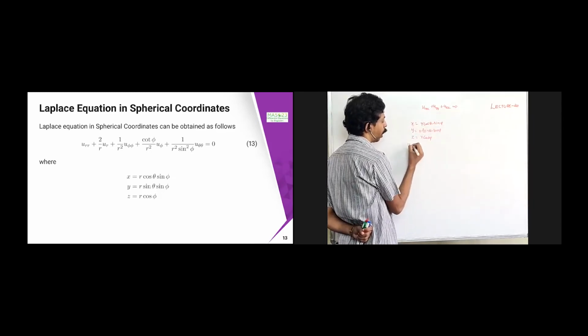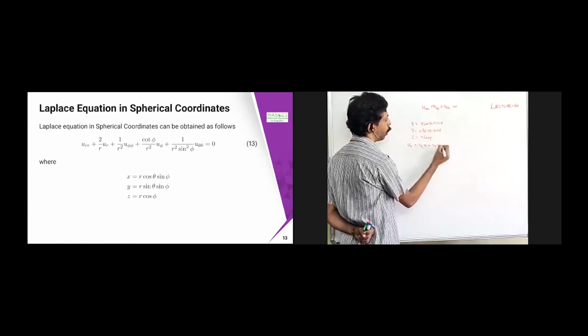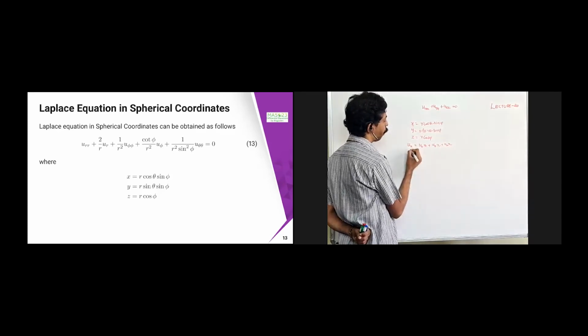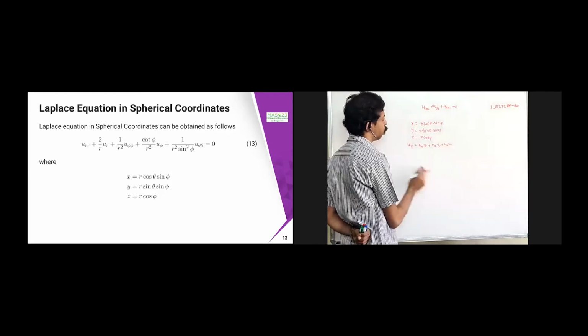I have uploaded it already. What you need to do is find u_x first. So u_x is going to be u_x into x_r plus u_y into y_r plus u_z into z_r. Similarly, this is u_r.